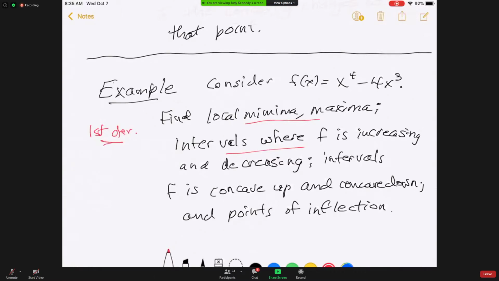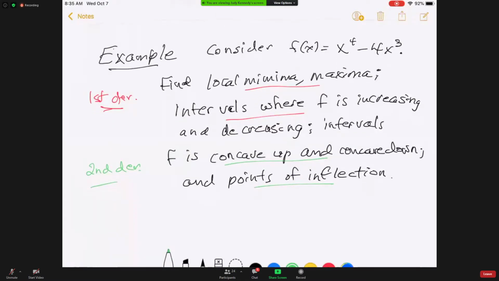And the second two things, intervals where it's concave up and the points of inflection, that's from the second derivative. And after we've done that, let's sketch the graph. Okay, so that's a lot of stuff.